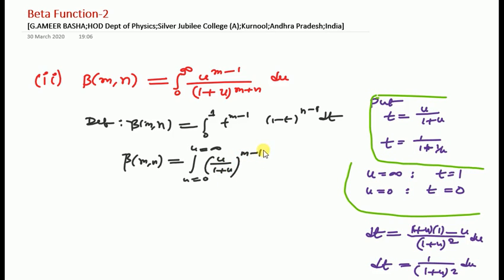In place of 1 minus t, I substitute 1 minus u by 1 plus u, whole power n minus 1. In place of dt it will be du divided by (1 plus u) whole square. Okay, be careful what I have written here. I just substituted all the values.